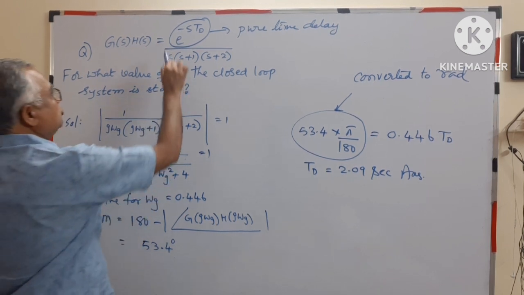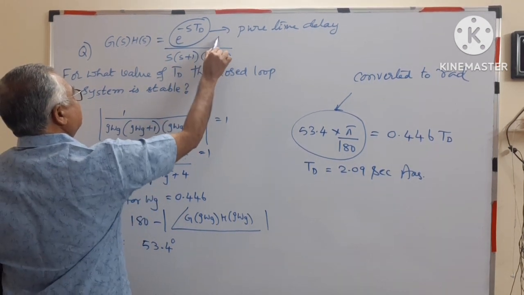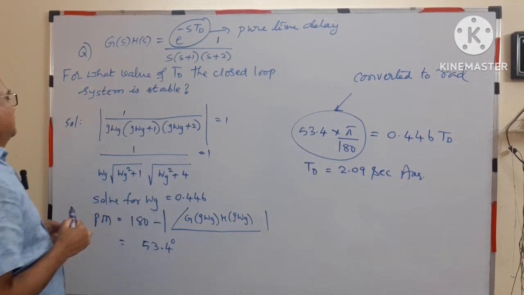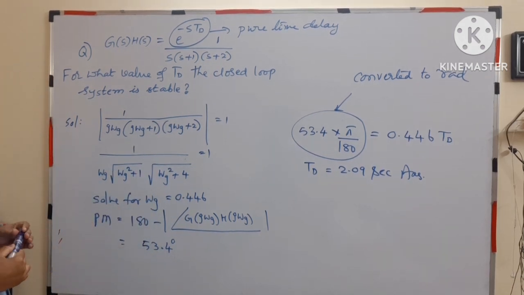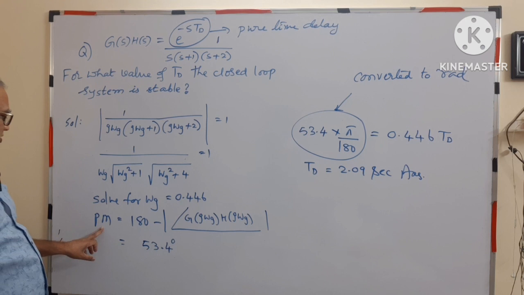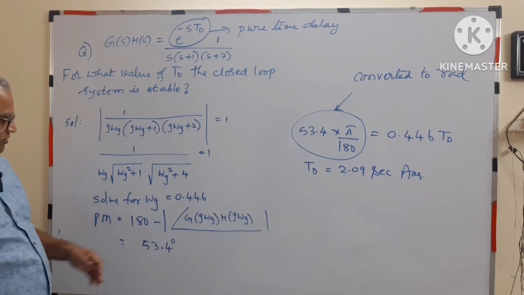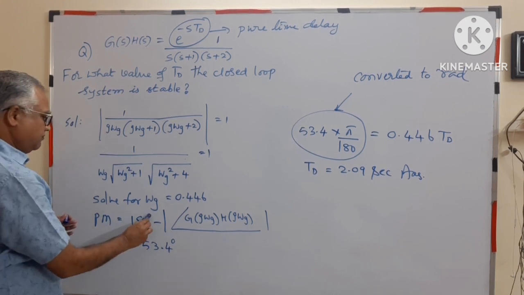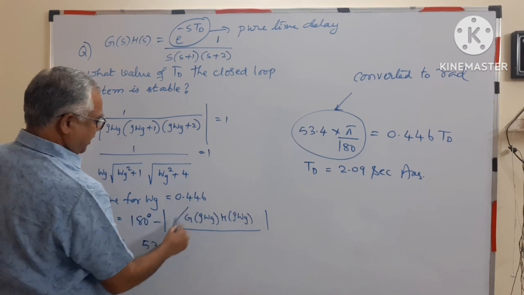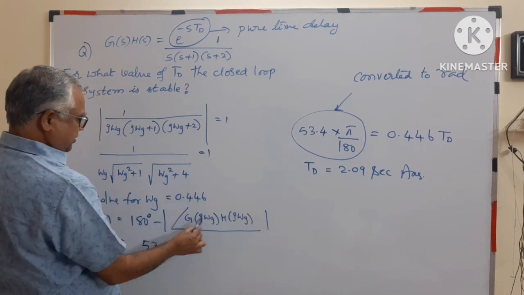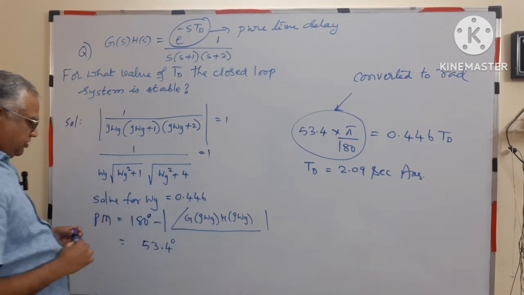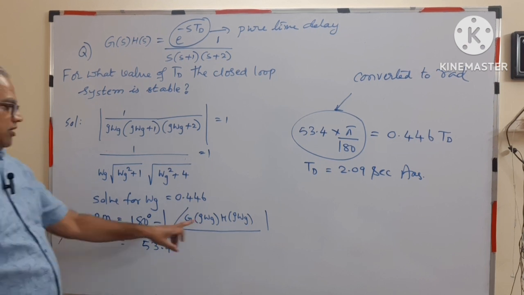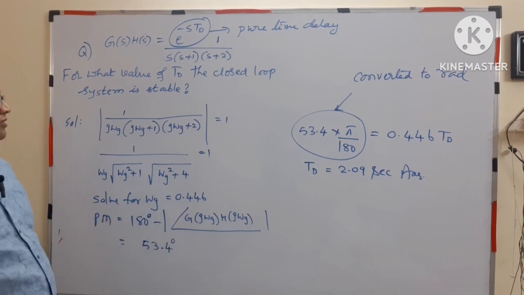So first we assume, replace this with 1 and find the phase margin. The phase margin formula is 180 degrees minus the mod of the angle of G(j omega g) H(j omega g). What is omega g? The gain crossover frequency.